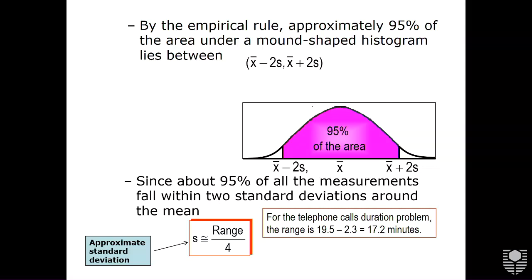So the range is 19.5 minus 2.3, equal to 17.2. That is the approximate standard deviation. Work it out in your own time and see how to get this one. Because we already provided the mean and standard deviation, the approximate will be 4.3 minutes.